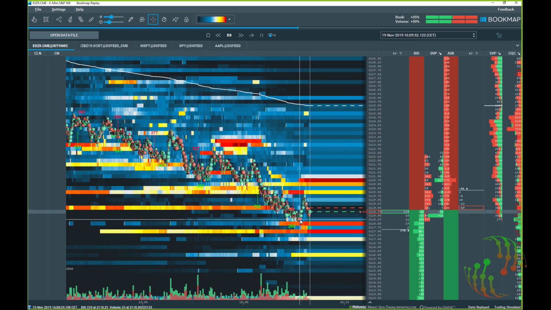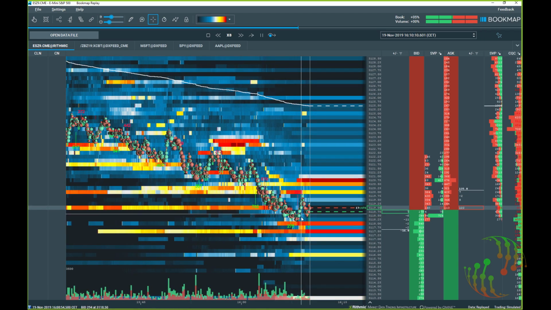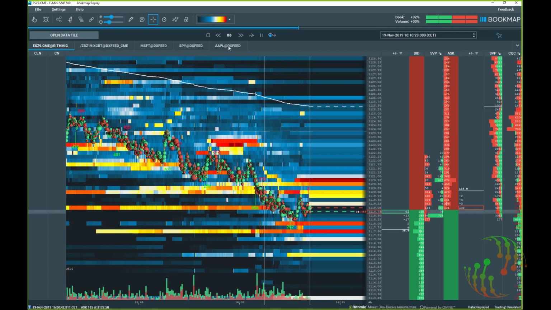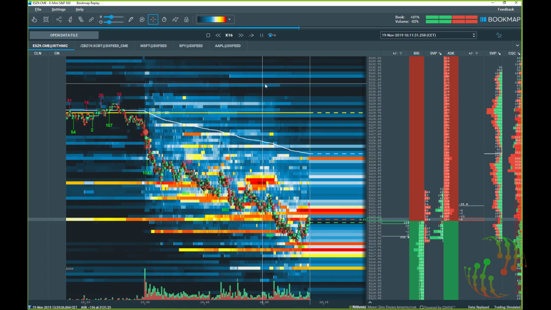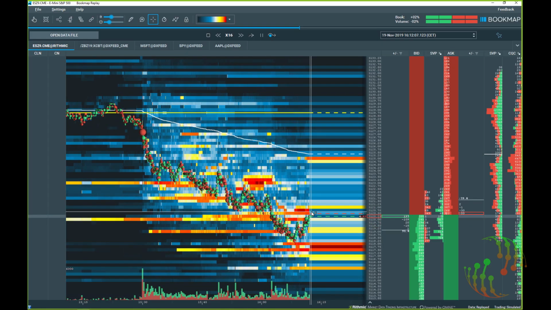This could also be a stop run here. Hard to say. Let's do it a little bit faster. They are seeking liquidity here.